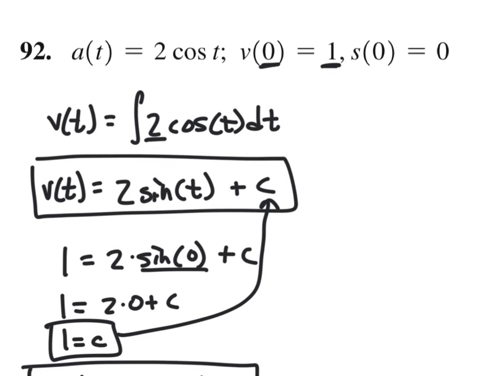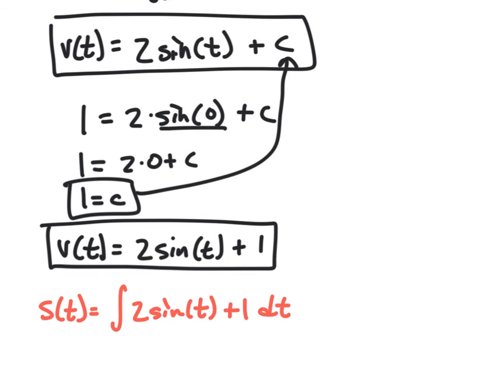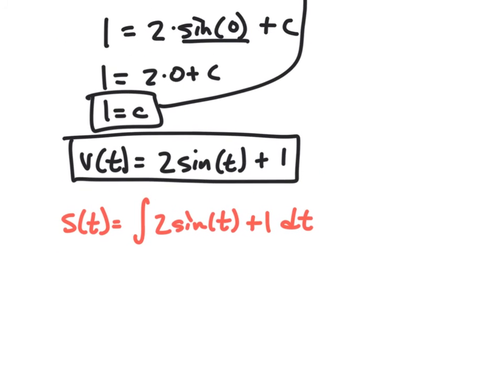But they want us to find our position. So if I wanted to find my position s of t, then I would take the antiderivative of 2 sine of t plus 1 dt. All right, and so we have to ask ourselves the question, what's the antiderivative of sine of t? So the derivative of cosine gives me negative sine.